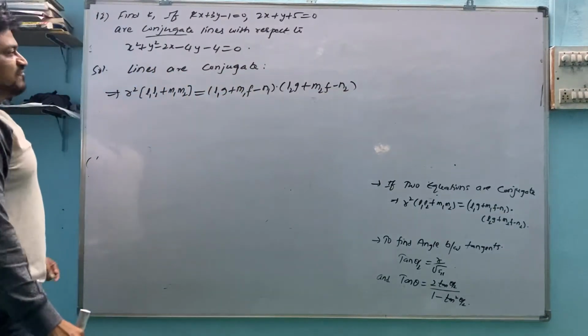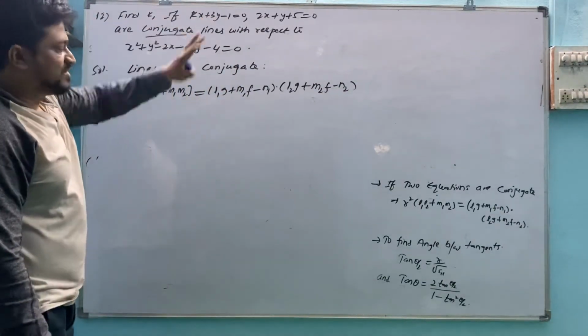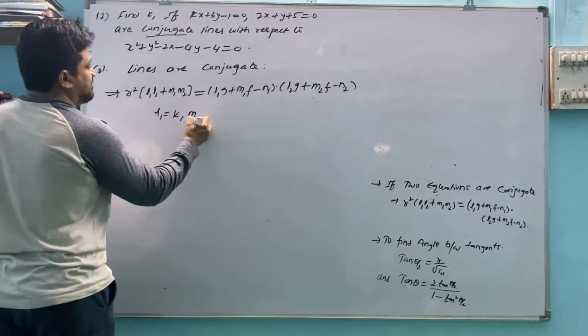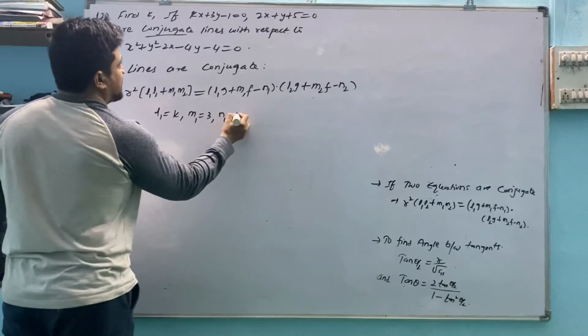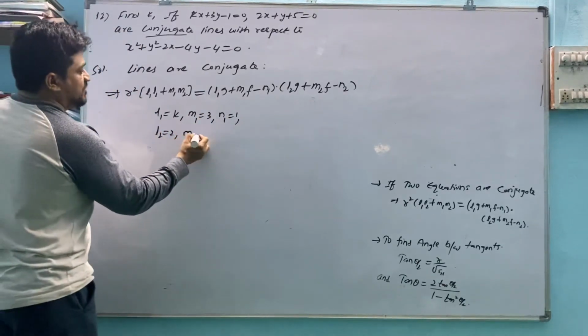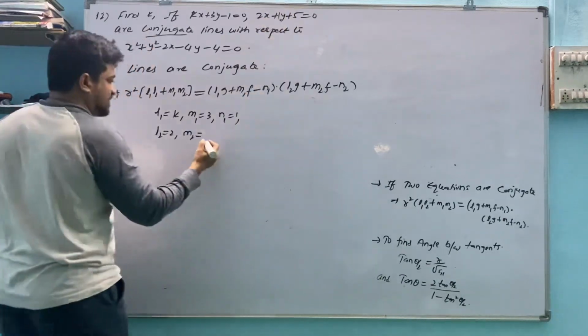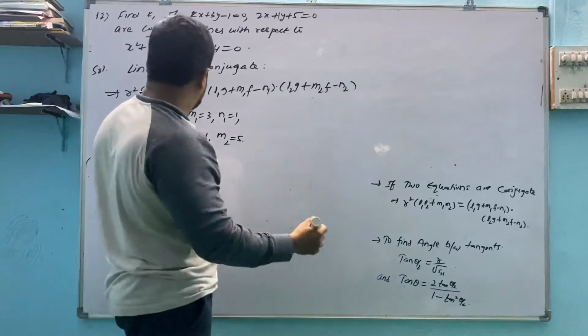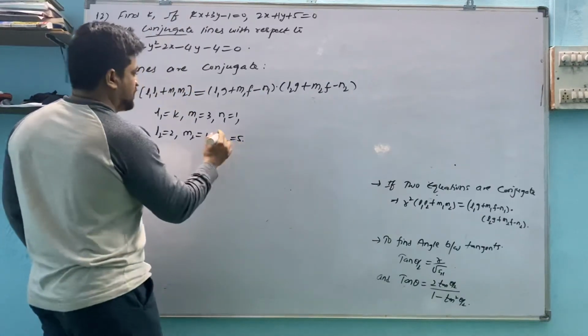Now from where we have to get L1, M1, N1? From the lines we have to take L1, M1, N1 for the first line. Then again for the second line, L2, M2, N2.